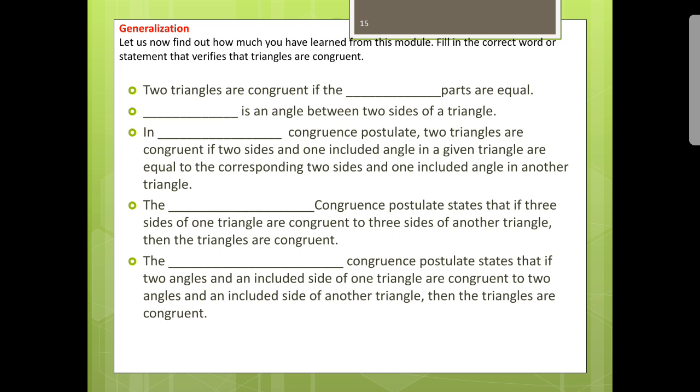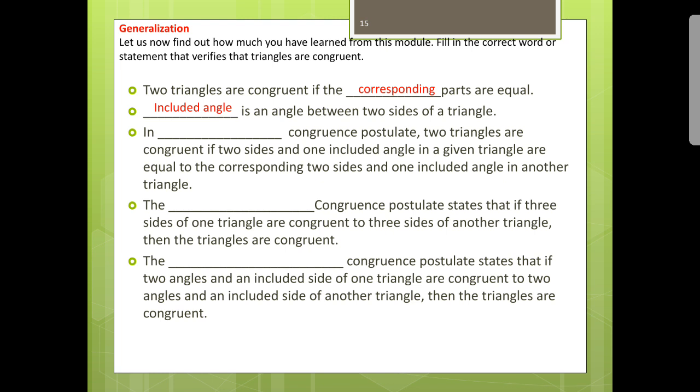So the answer is corresponding. Next one: blank is an angle between two sides of a triangle. So the answer is included angle.